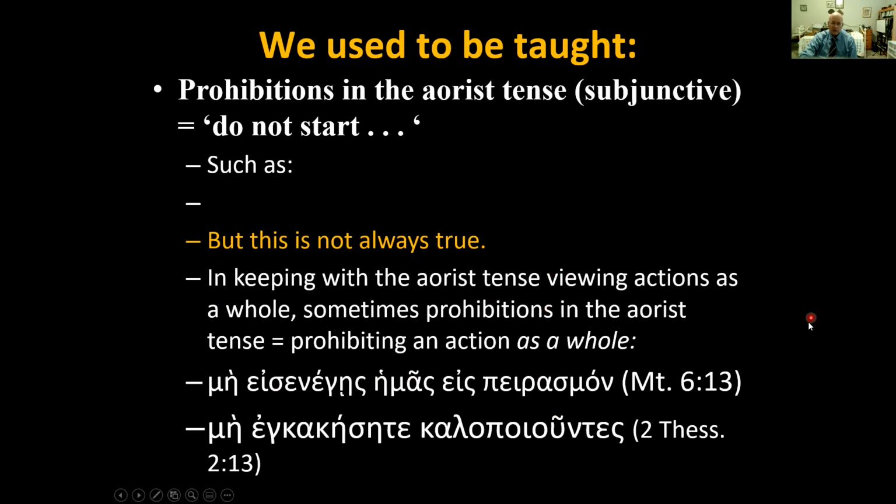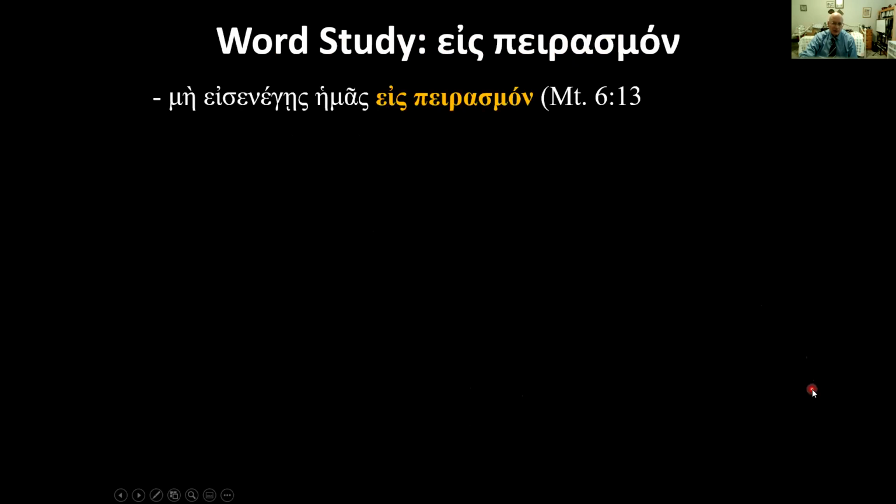Now, I've made a statement on this before in chapel, but the powers that be have not accepted my suggestion. But if you make a word study of eis and peirasmon, testing or temptation, and also some other words that are used with eis, for example, the one that we just had, do not lead us into temptation, Matthew 6:13.